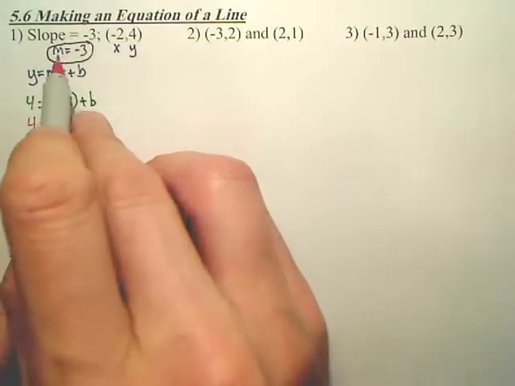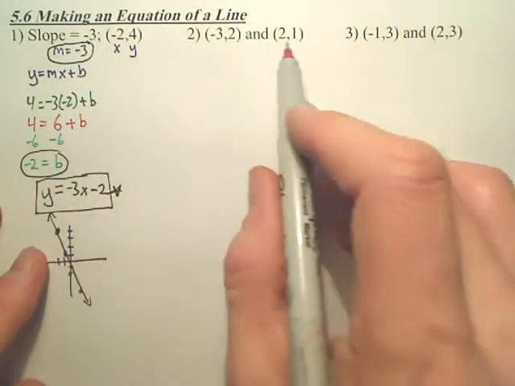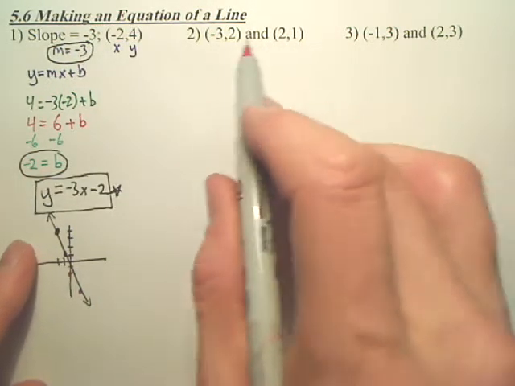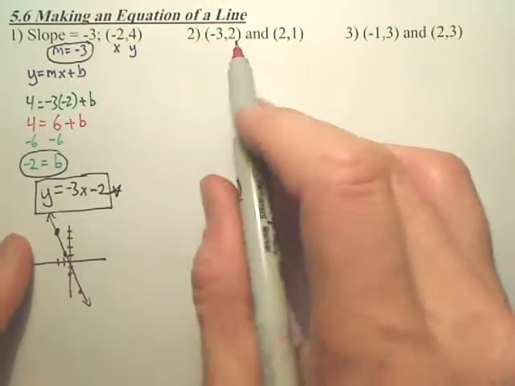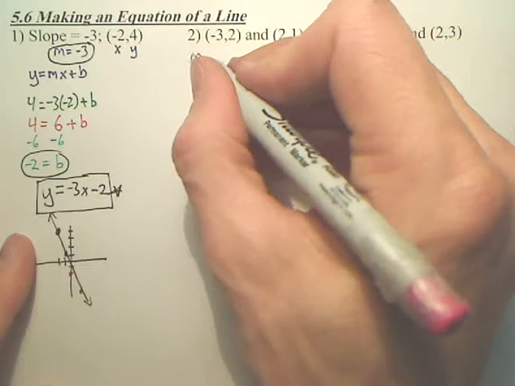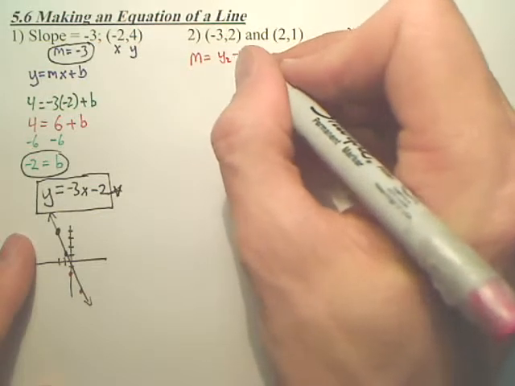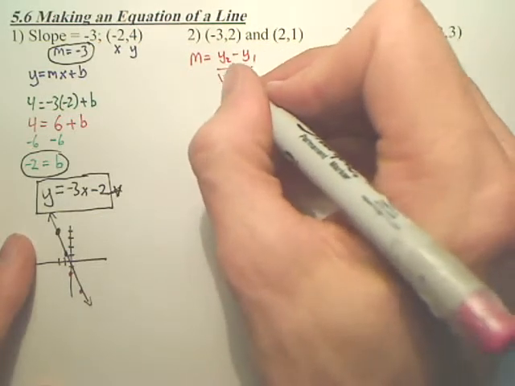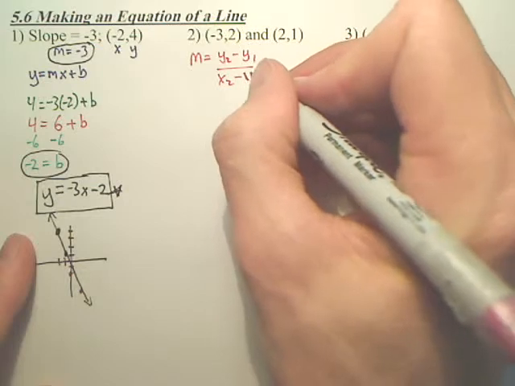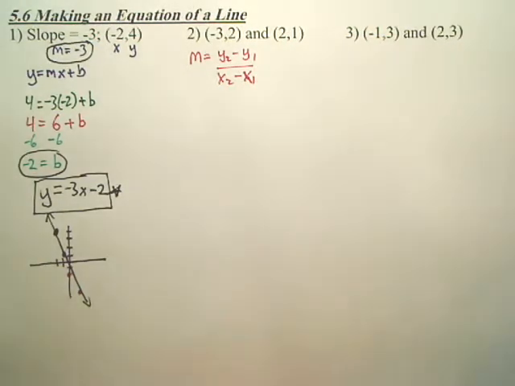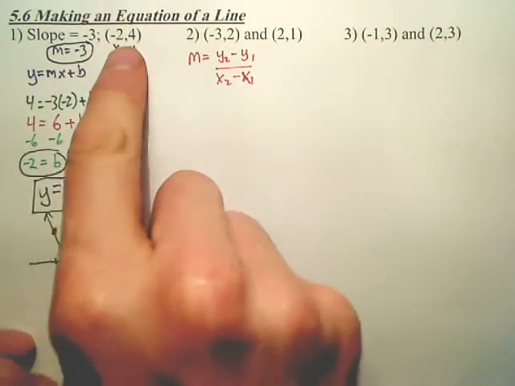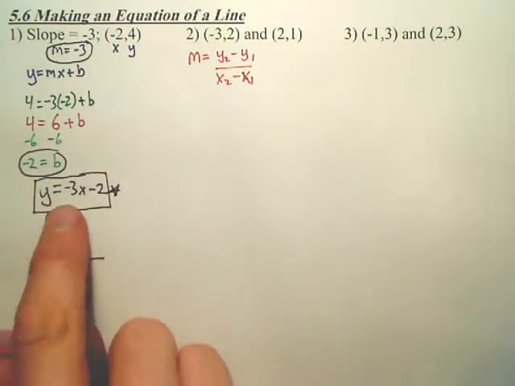Next, in order to find the equation, I need to first find the slope between these 2 points. I want to find the equation of a line that goes through these 2 points, so I first need to use this formula to find the slope. Once I find the slope, I then use the slope and one of the points to find the equation.